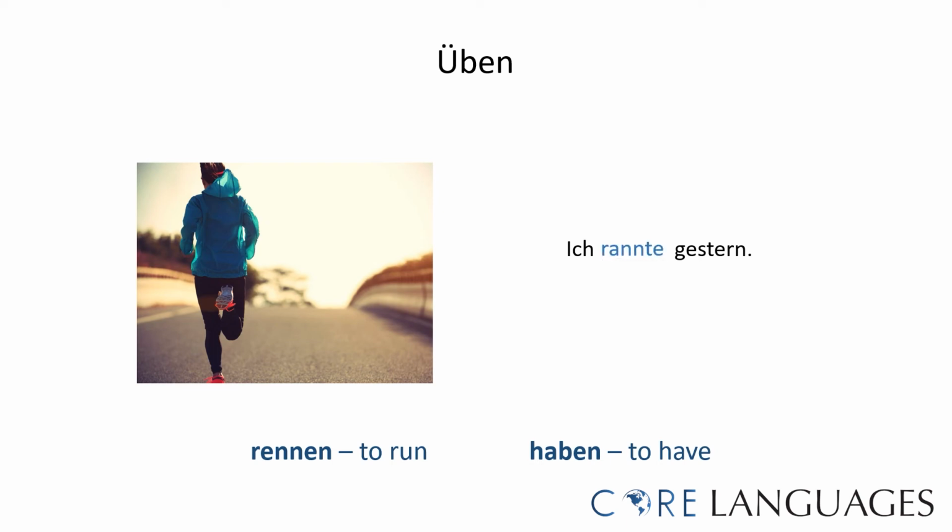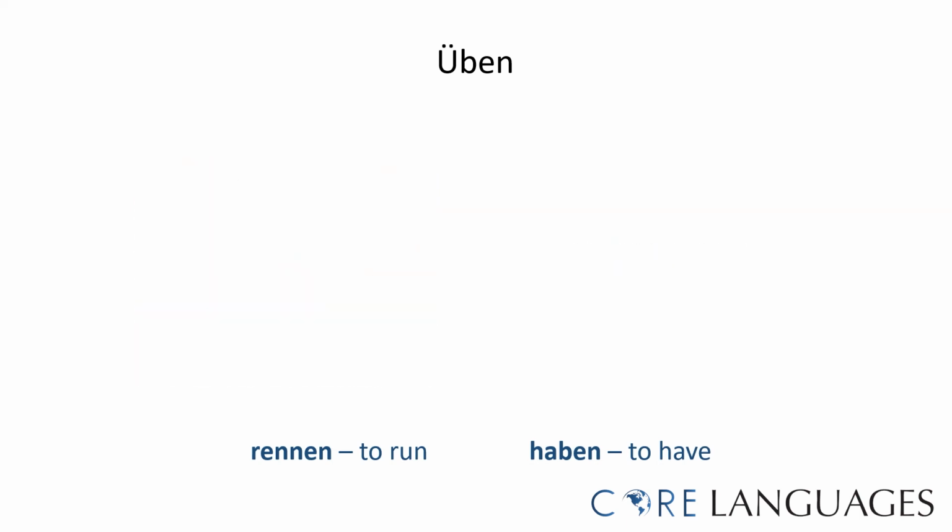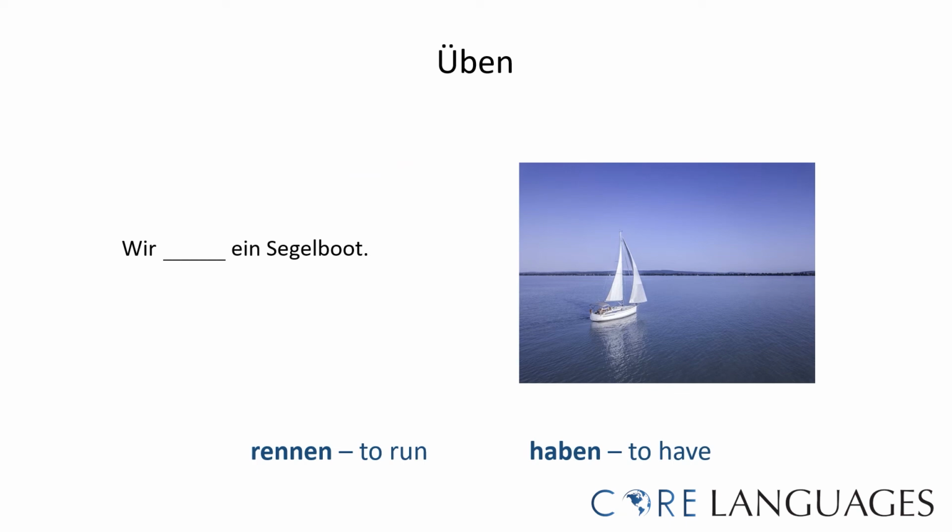Ich rannte gestern. I ran yesterday. Wir, ein Segelboot. The correct verb is haben, and haben in the simple past tense for the subject wir is hatten. Wir hatten ein Segelboot. We had a sailboat.